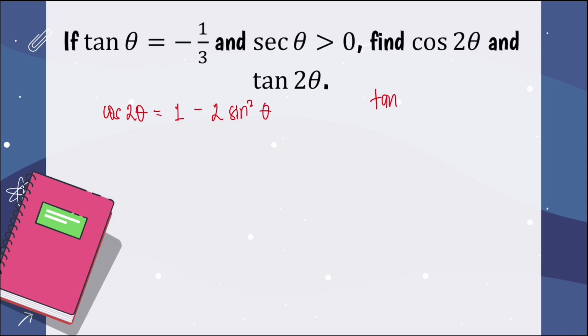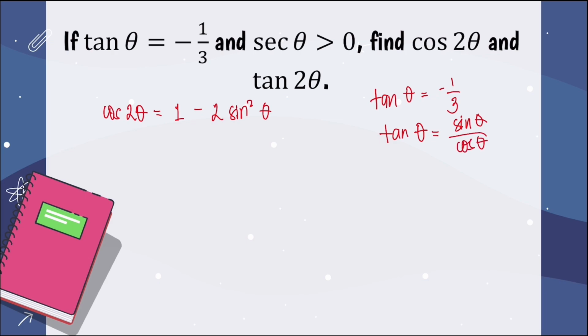So let's use now the tangent. Tangent of theta is equal to negative 1 over 3. Now, if you're going to analyze the tangent, it will be a bit difficult if we will be using the triangle, because we still have to identify which of the following is negative, the numerator or the denominator. So what we will do is we will be using another technique in identifying the sine of the given theta. Take note, the tangent can be solved by dividing the sine and the cosine.